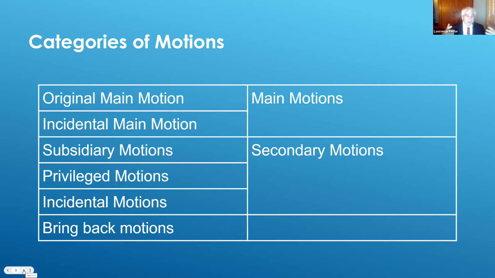The purpose of going through all of these is to expose you to them, not with the expectation that you're going to remember everything, but if some of these come up, you can say, oh yeah, that's right, that motion is not debatable and requires a 2/3 vote, and you can proceed with handling it as you should. And you can always look it up in the book.